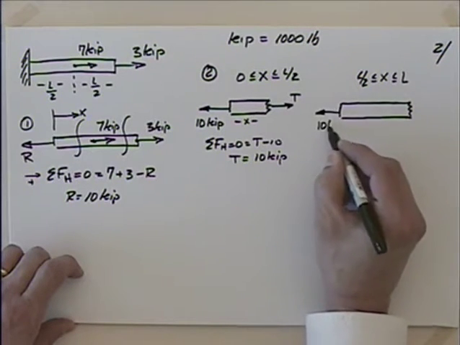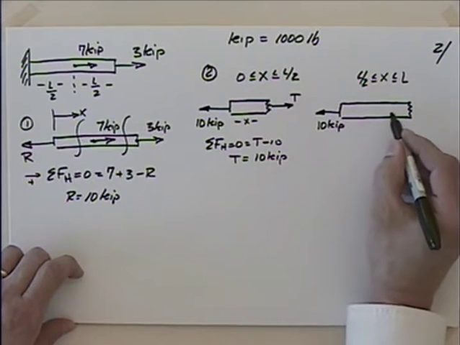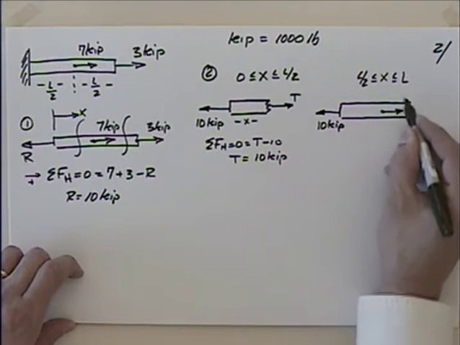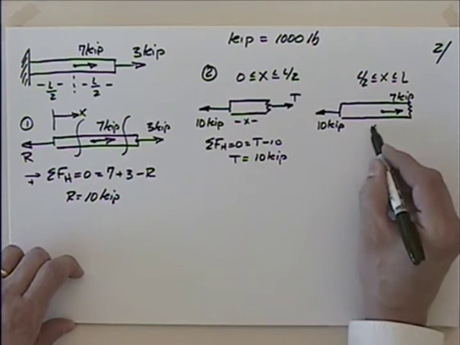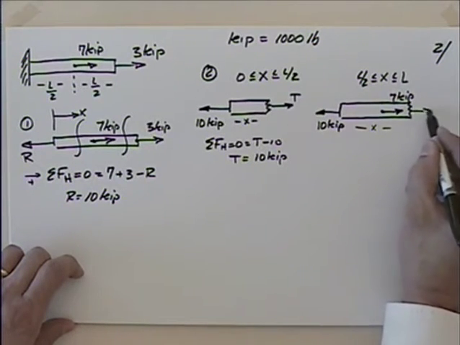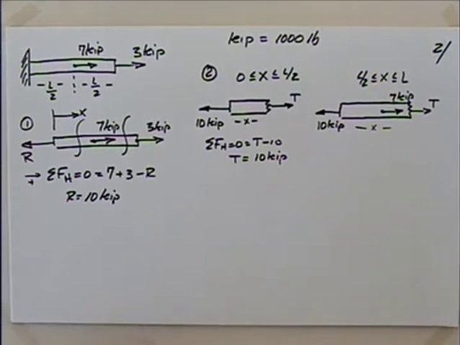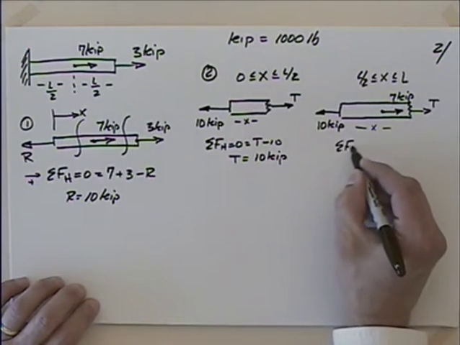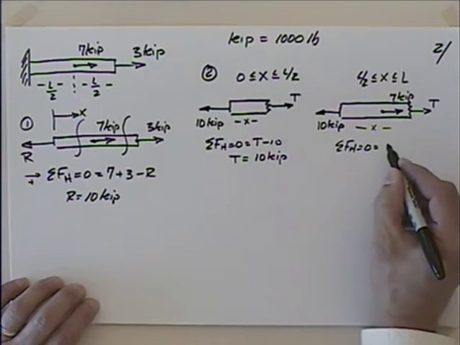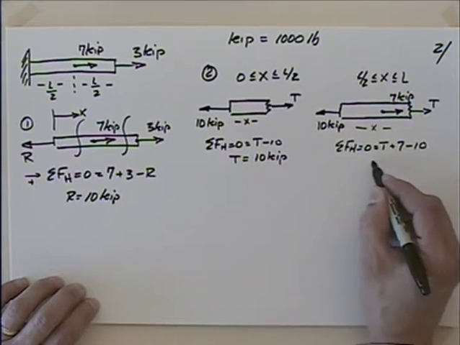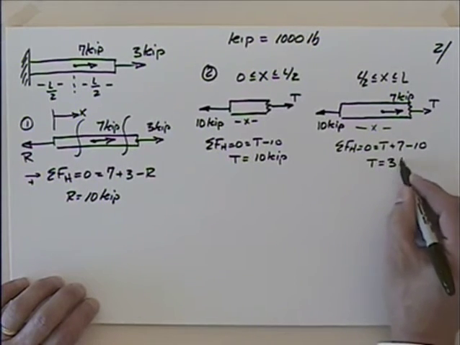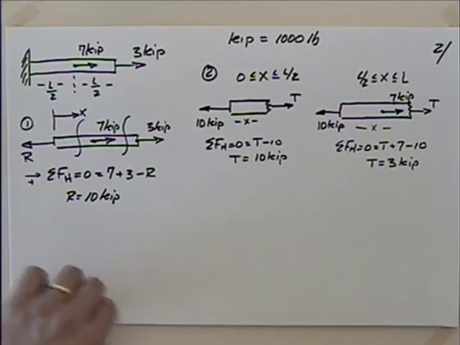We would have 10 kips here, I would have 7 kips here. This distance is still, of course, X, and I have the internal force T. I'm still drawing the left-hand side, so that tension force is going to go to the right. So if I sum the forces in the horizontal direction here, setting that equal to 0, what do I have? I have T plus 7 minus 10, so T turns out to be equal to 3 kips, doesn't it?